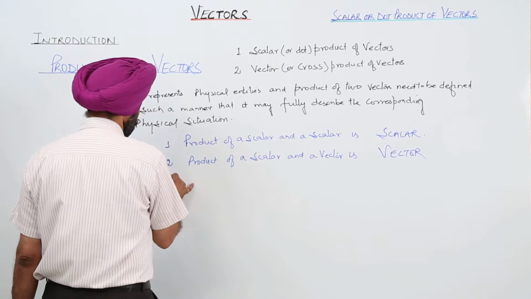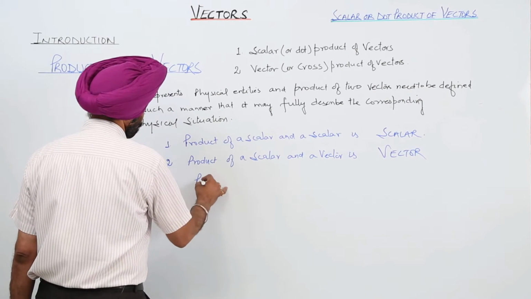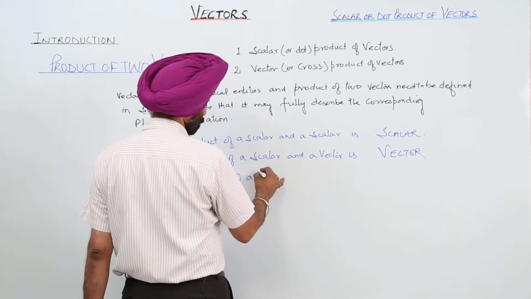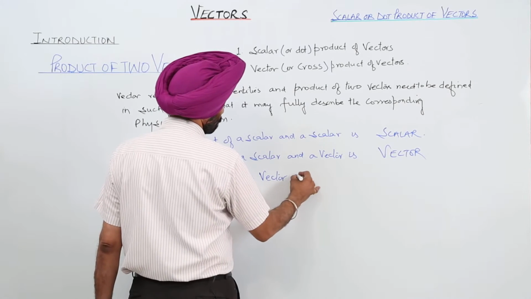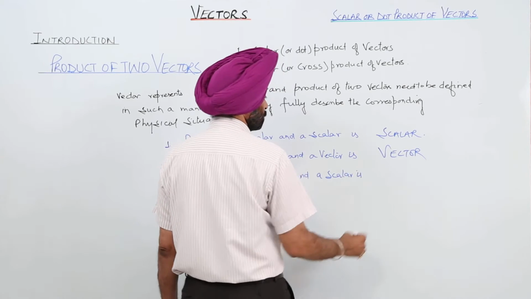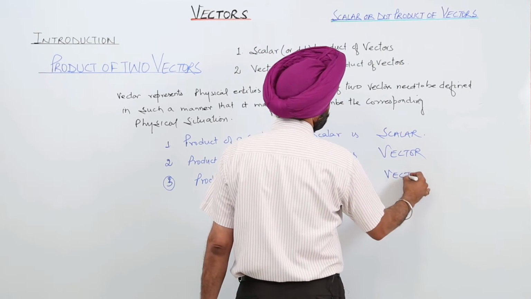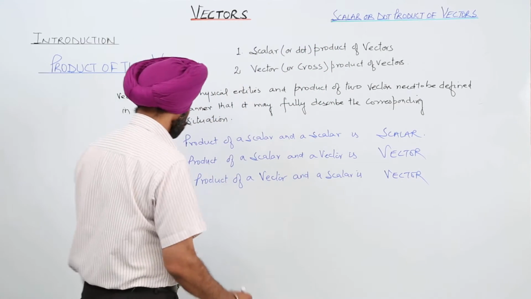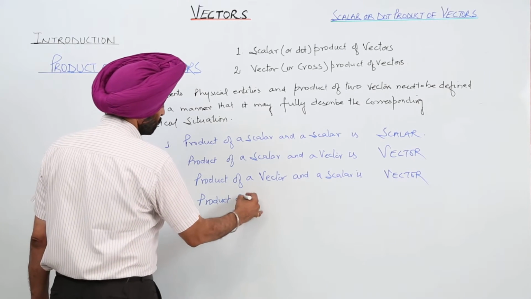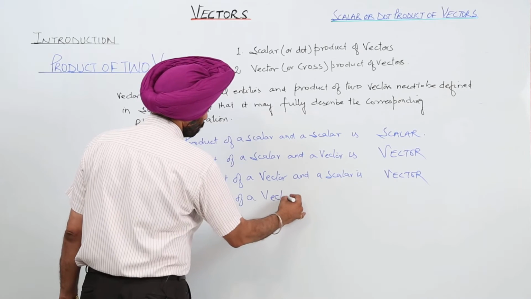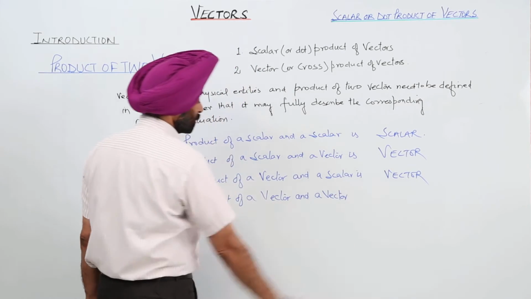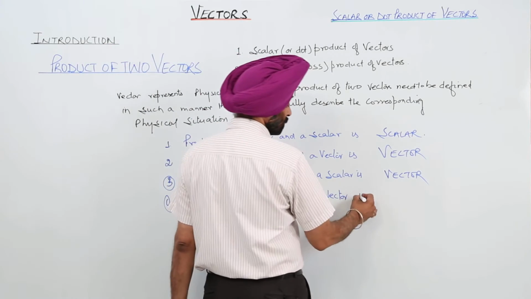Number three, product of a vector and a scalar is vector. And number four, product of a vector and a vector is scalar.